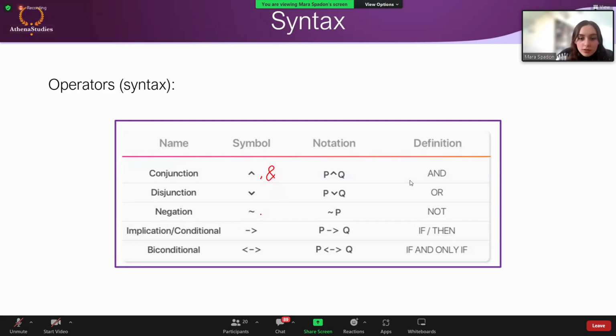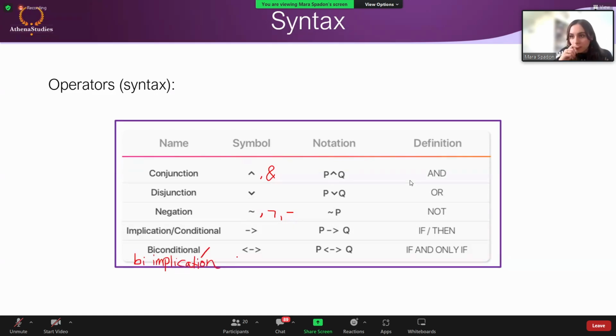We have a negation, which could be this curly bracket. It could also look like this, or like that. That means not. We can have an implication, which is an arrow. And we have a biconditional, which is also called bi-implication.